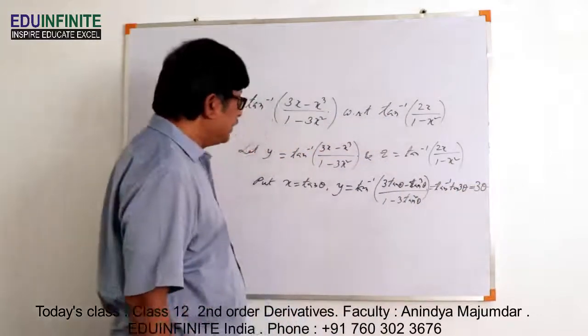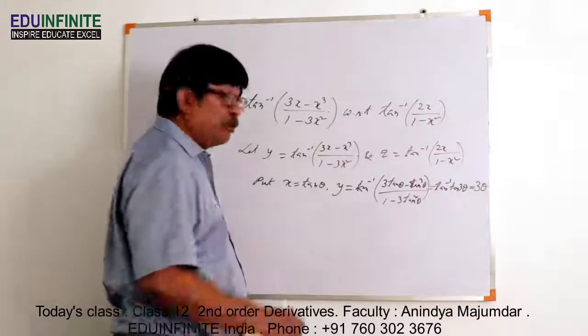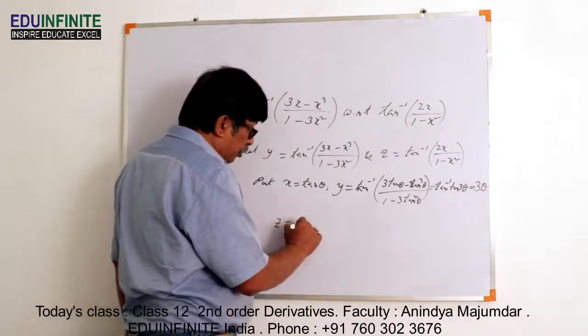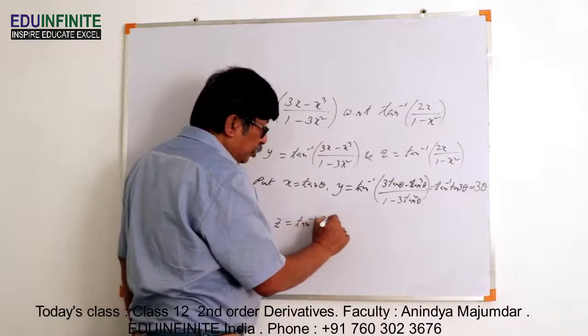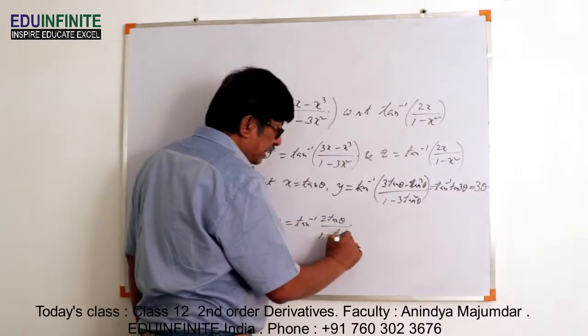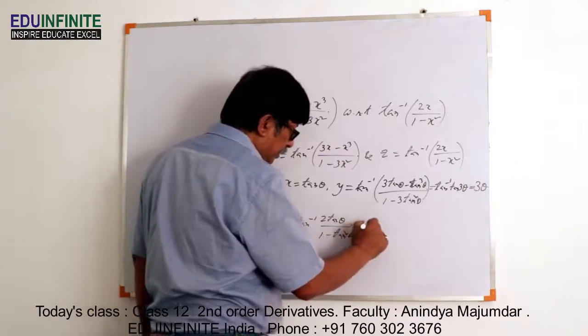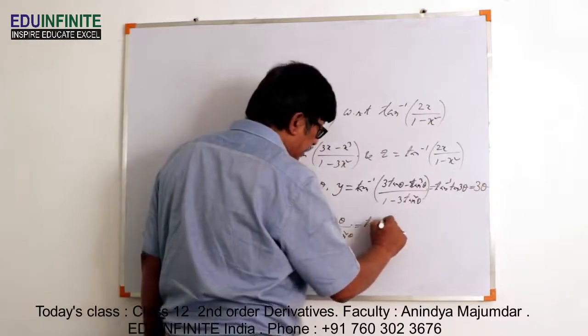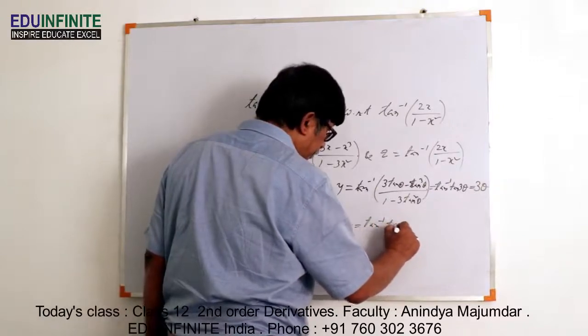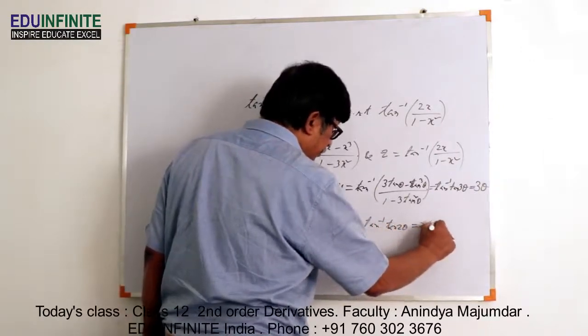On the other hand, we have to make the same substitution. Z is equal to tan inverse 2 tan theta over 1 minus tan square theta. That is tan inverse tan 2 theta, which is equal to 2 theta.